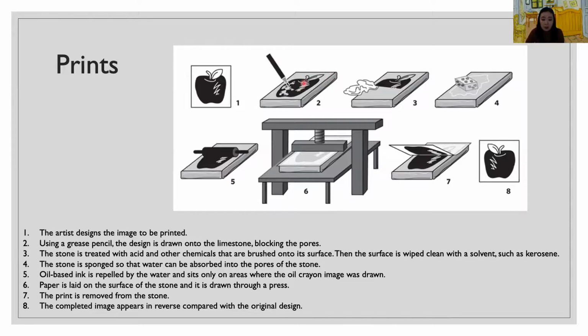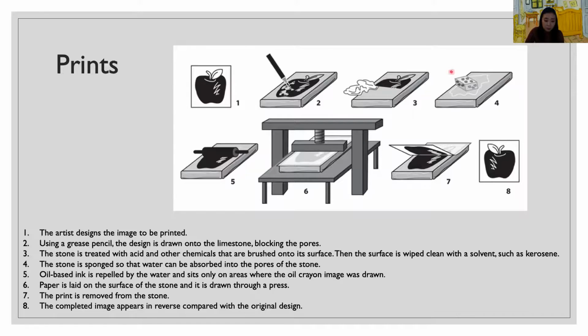The design is drawn onto the limestone, blocking the pores. And the stone is treated with acid and other chemicals that are brushed onto its surface. For this printing, the acid is just making a special chemical effect, not the depression.